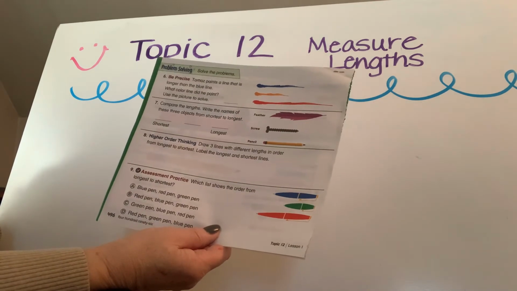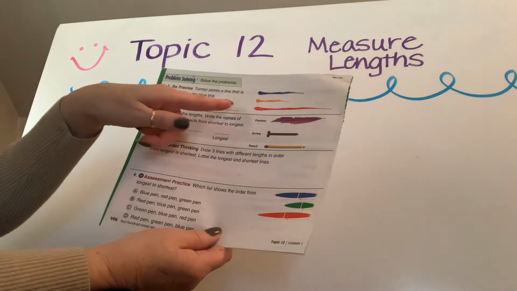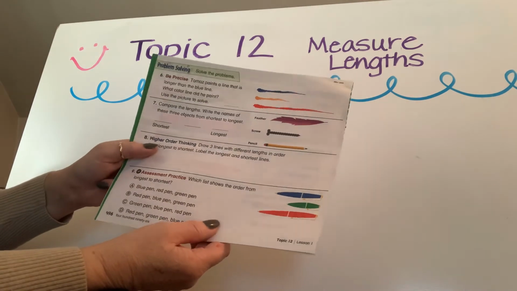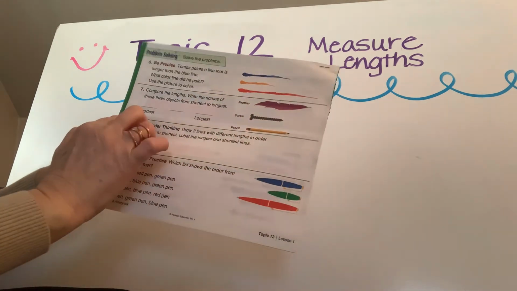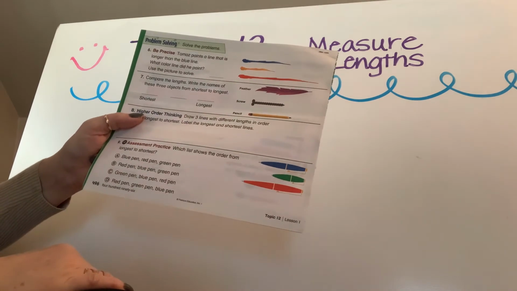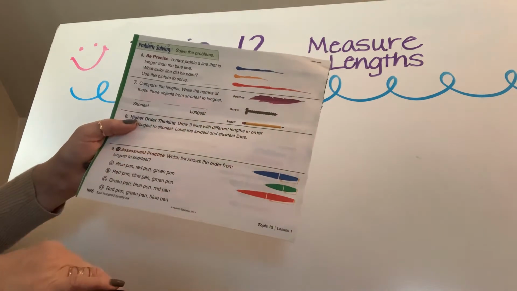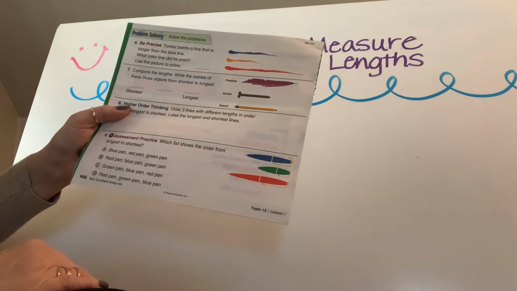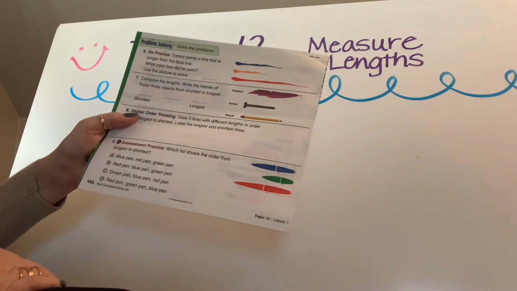Do you see a line that's longer than the blue? Write the color. Number 7, compare the lengths and then write those names above the words. Do you see an object that's the shortest? Do you see one that's the longest? And we're going to have one right in the middle.